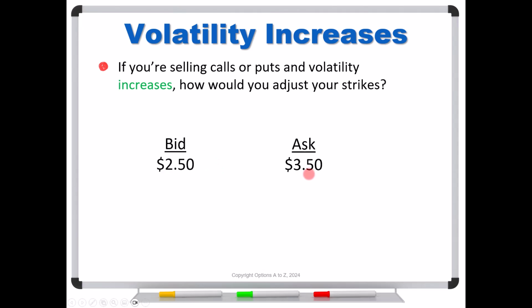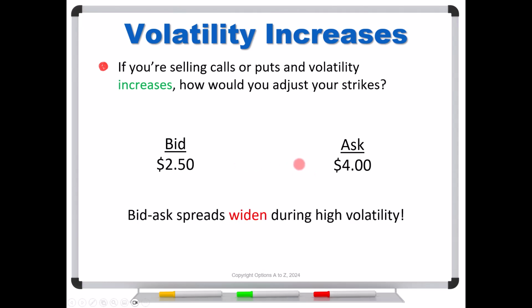I don't know if I want to sell for 350. I might be selling it for too little. Let me raise it to maybe 4. And look what happens. You have widened the bid-ask spread. So this is another reason why bid-ask spreads get wide when you have high volatility and especially if you have low volume stocks or options.